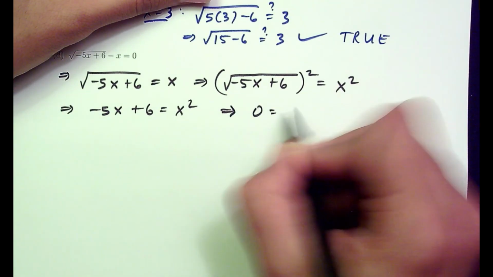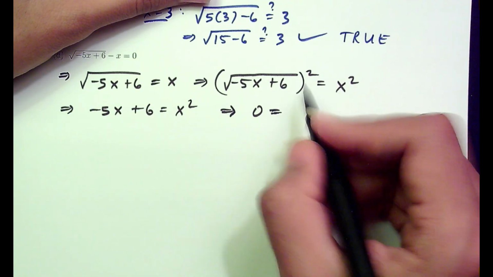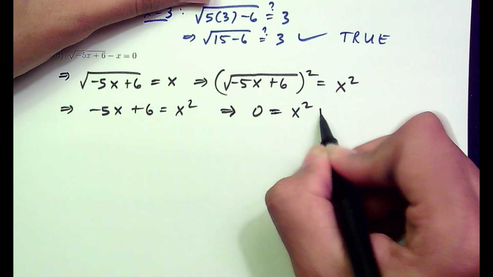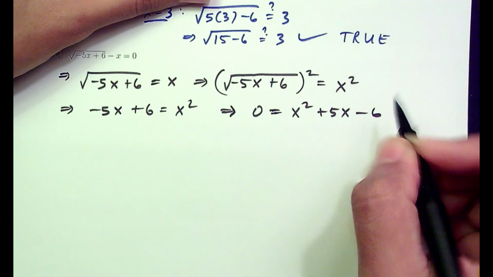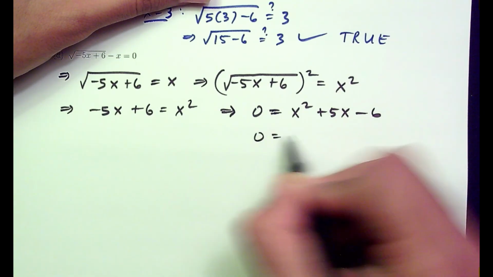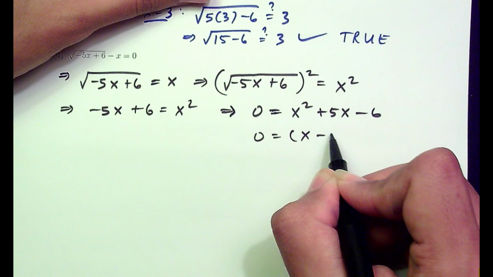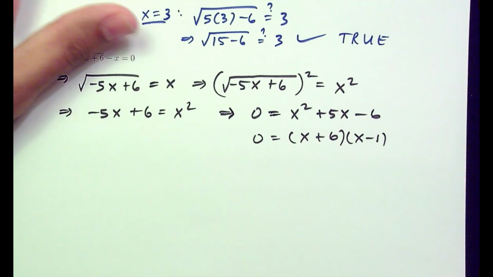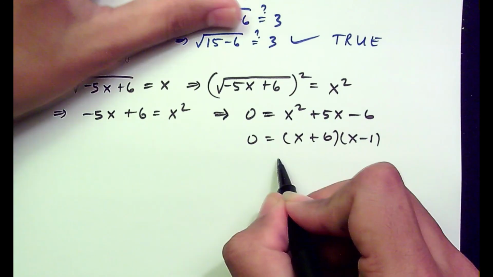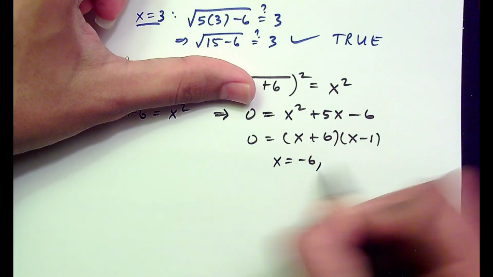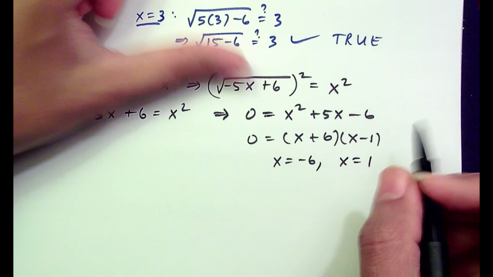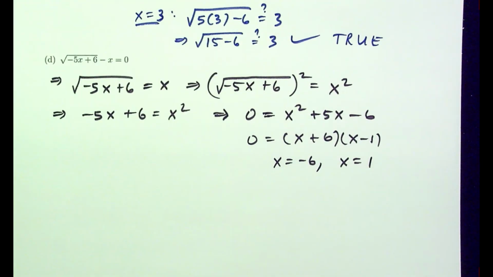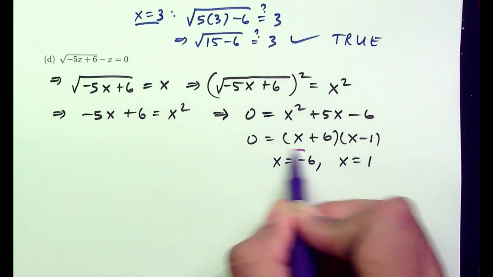Moving everything to one side, having 0 on the other, you're going to get x squared plus 5x minus 6, which factors as (x plus 6)(x minus 1). So that gives you x equals negative 6 or x equals 1. So we have two potential solutions.